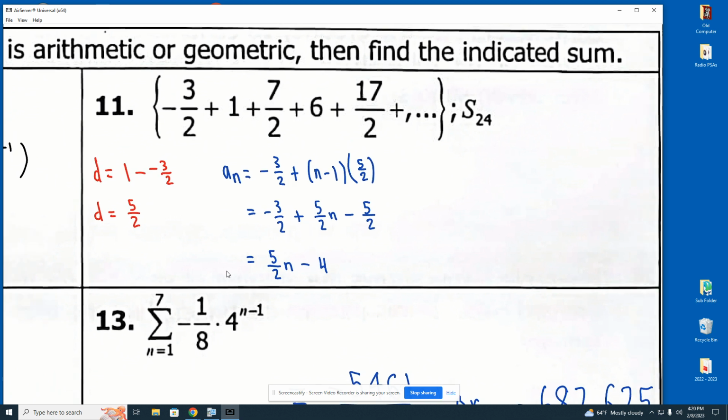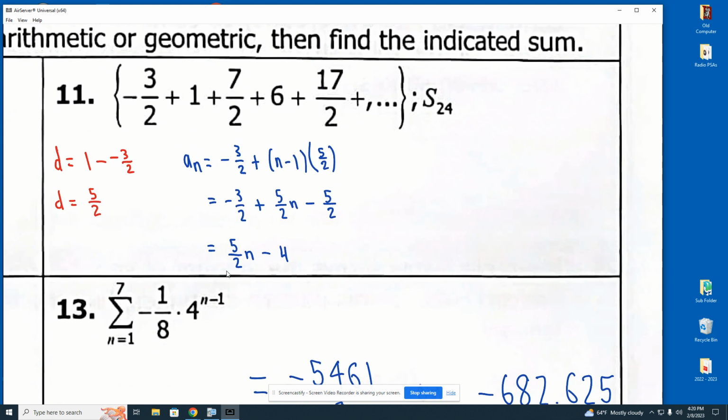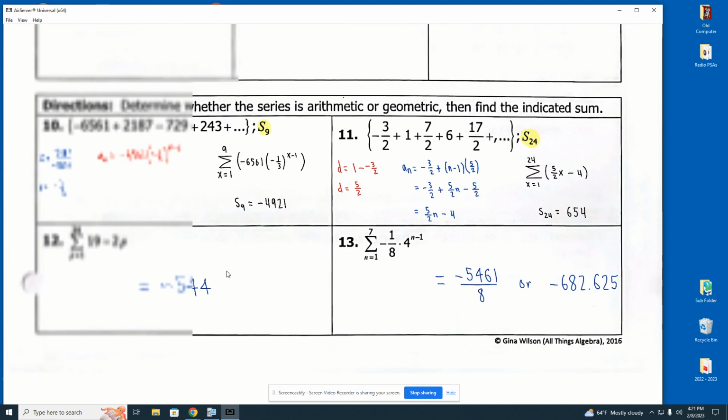There's my equation for this arithmetic sequence. But remember, we're finding S sub 24. So if I'm finding S sub 24, I'm going to use my big E from my 1st to my 24th term for the equation 5/2x minus 4. And that will allow me to find S sub 24. And that is 654.